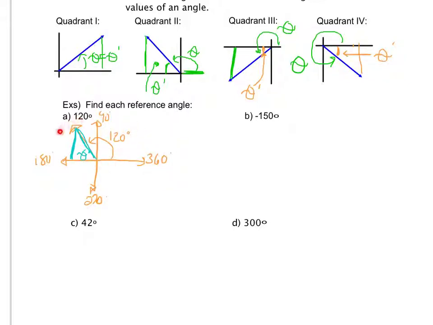I know this whole thing is 180, and I know this much of it is 120. Well, if I take the whole thing and I subtract 120, shouldn't I be left with this little bit here, this reference angle? So I'm going to say that my theta prime is 180 minus 120, or 60 degrees.